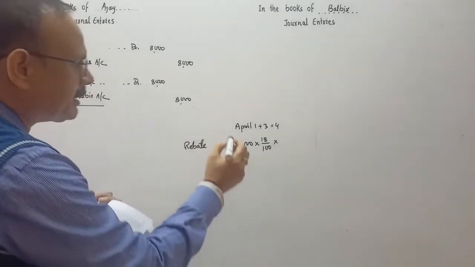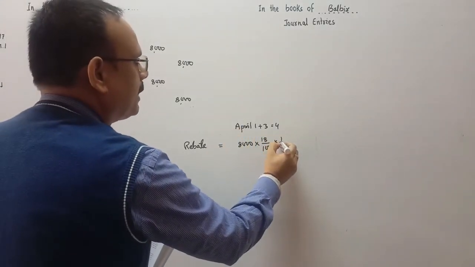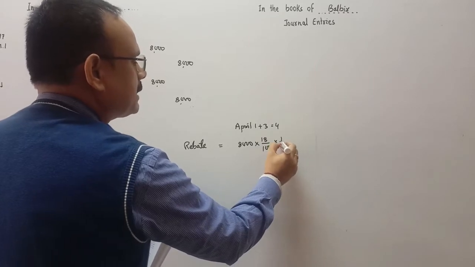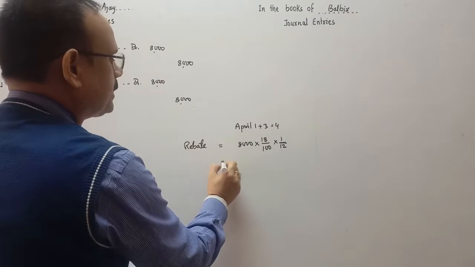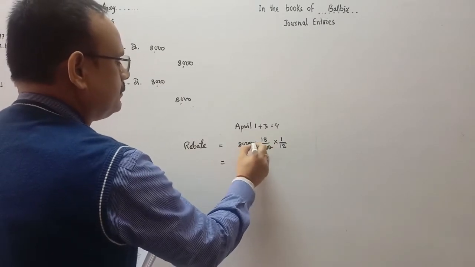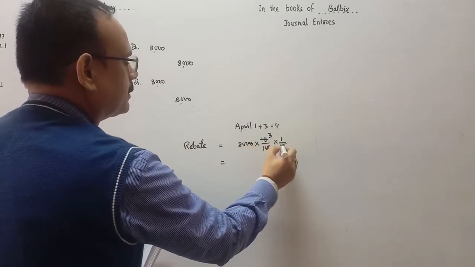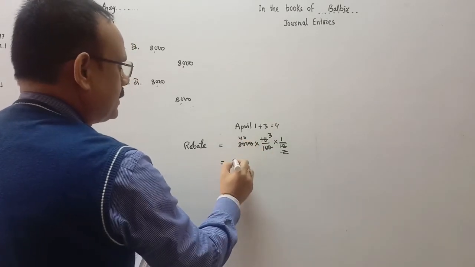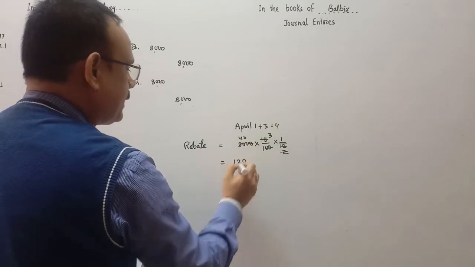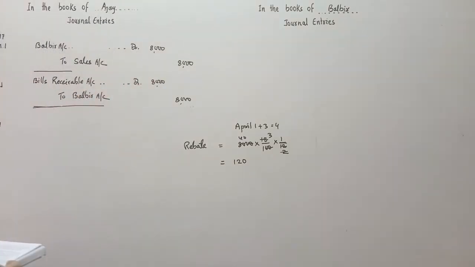So he will get the rebate for 1 month because he settles the amount 1 month before the due date. So we will calculate the rebate amount. It is 120 rupees. Yes, 120 is the rebate.